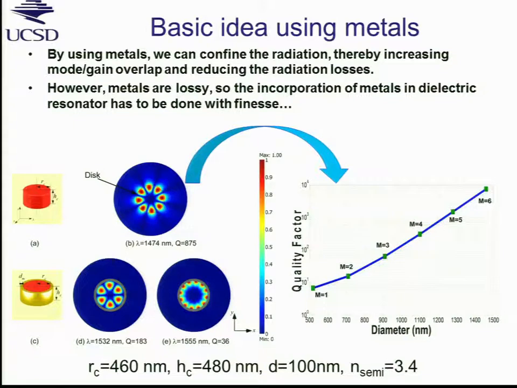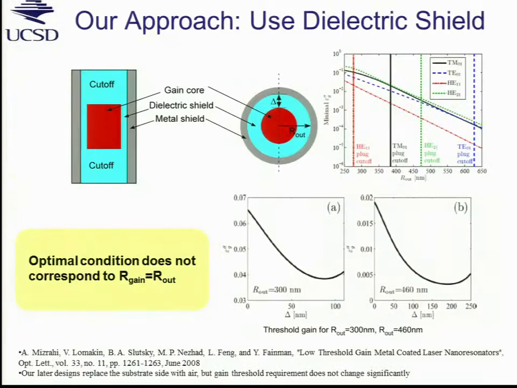Now, the moment you put metal around it, the mode gets squeezed, so the mode gain overlap is better, but the loss in the metal reduces the Q to about 180 from 875. Of course, there is another mode, which is a plasmonic mode, which we'll touch upon later in the presentation.